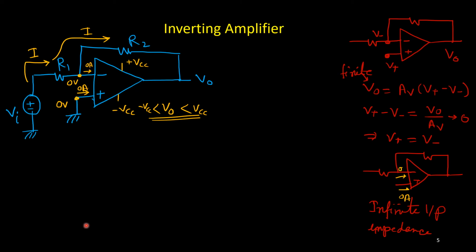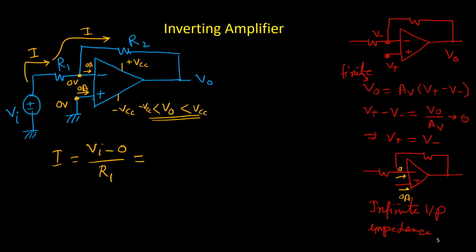So this current I we can simply write as Vi minus 0 upon R1, right? And it is the same as, if I look from this point, this is 0, this is V naught, so 0 minus V naught upon R2.